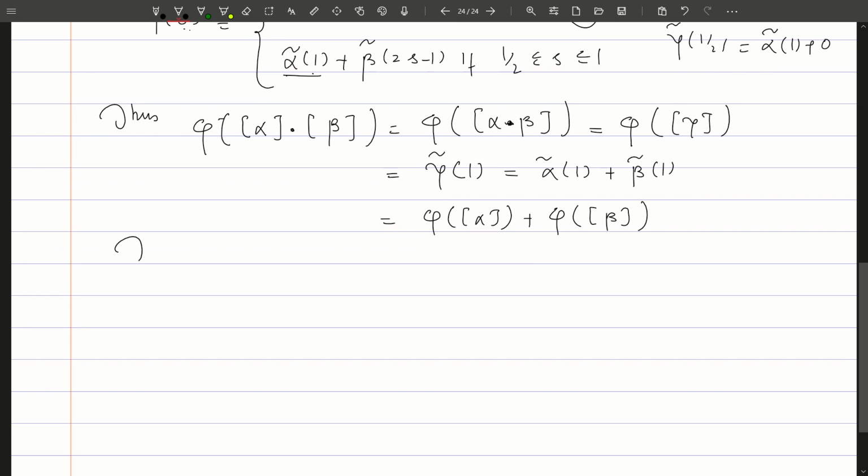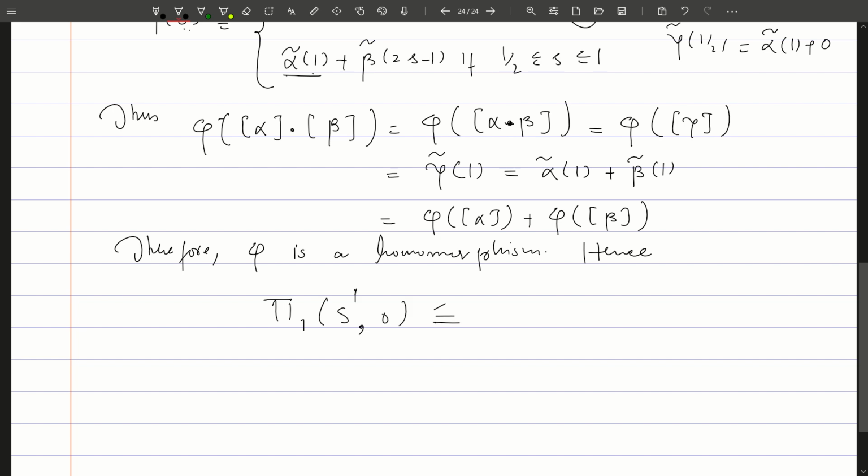So therefore phi is a homomorphism. Hence, the fundamental group of the circle at 0 is isomorphic to the group of integers.